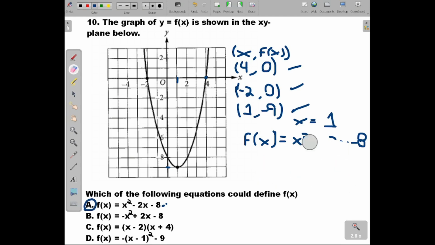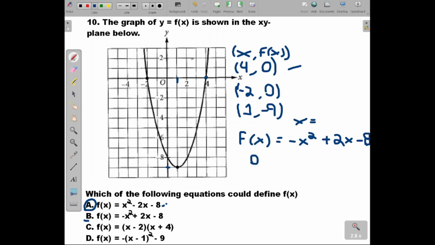But just for fun, we should check the second equation. Now we try with this equation. f of x is equal to negative x squared plus 2x minus 8. So f of x is equal to 0. Let's start with the first point. f of x is equal to 0 and x is equal to 4.